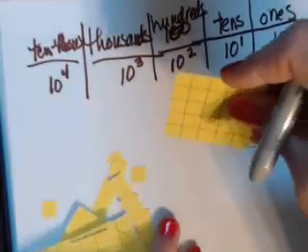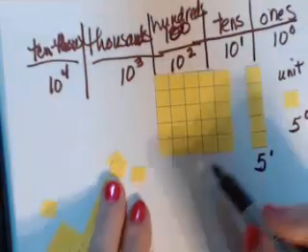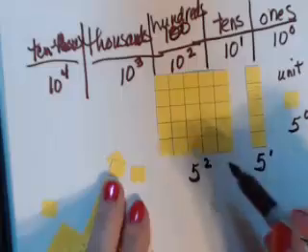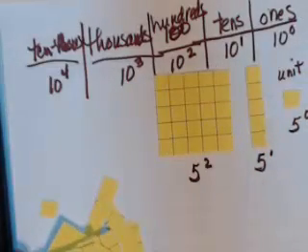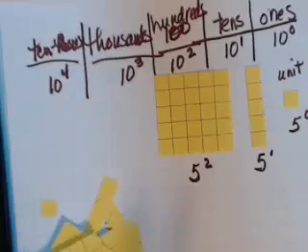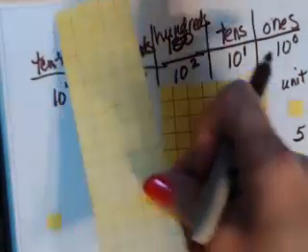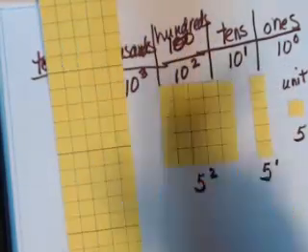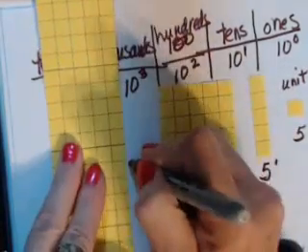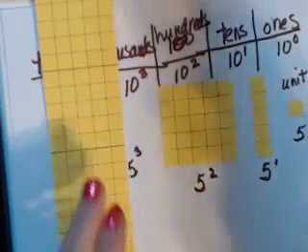This is our flat, and it represents 5 to the second power. And this is our long flat, and our long flat represents 5 to the third power.